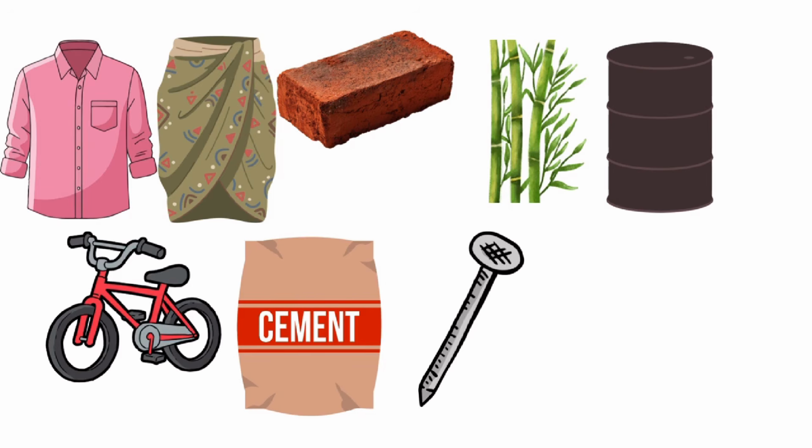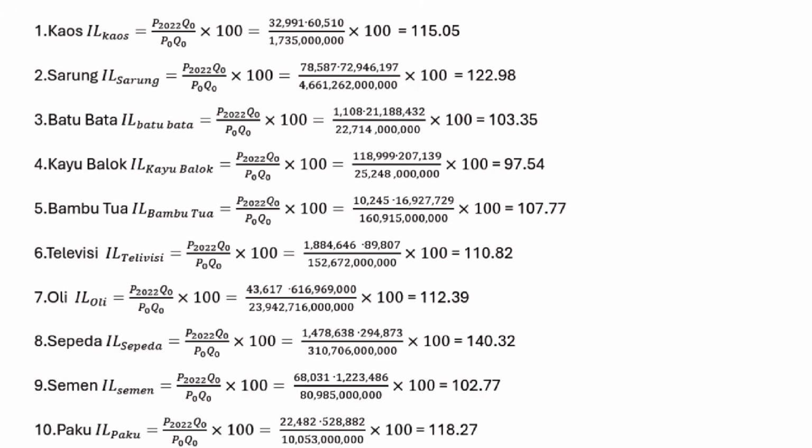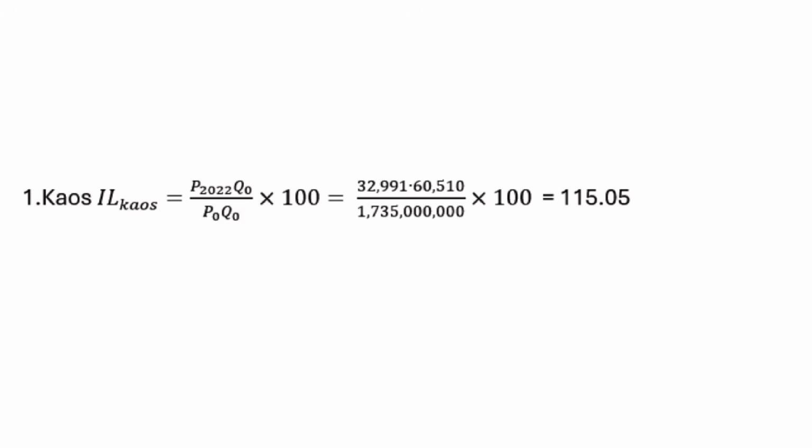The source of data is the BPS journal Harga Konsumen per Desa Non-Pangan 2022, and Diagram Timbang Indeks Harga Konsumen 2018. So, this is the result for all 10 commodities.